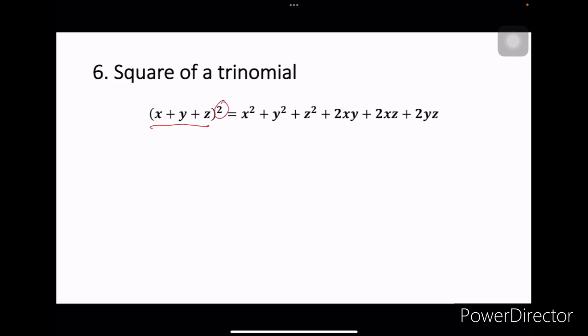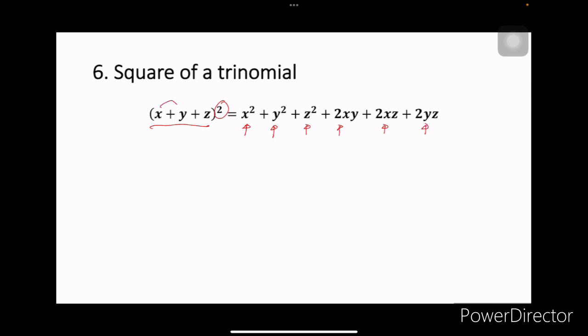Since it's a square of a trinomial, just simply square this whole thing. So you just simply square the first term, so you have x squared, plus square the second term, that's y squared, plus the square of the last term, you will have now z squared. And then plus 2 times x times y, plus 2 times x times z, plus 2 times y times z.